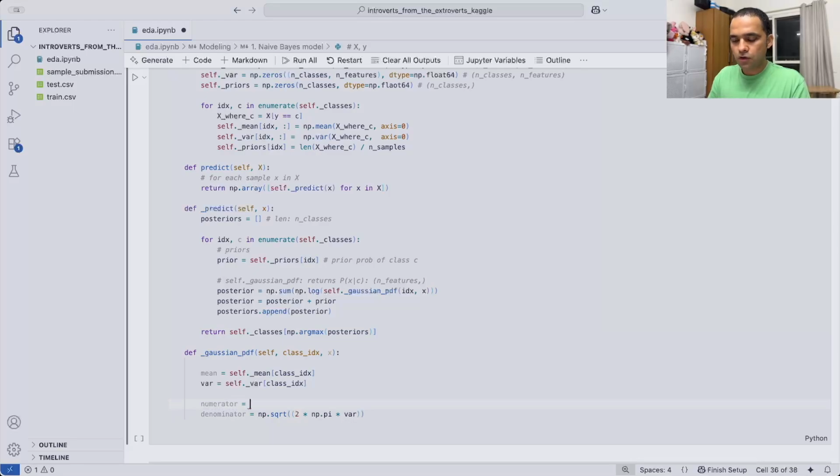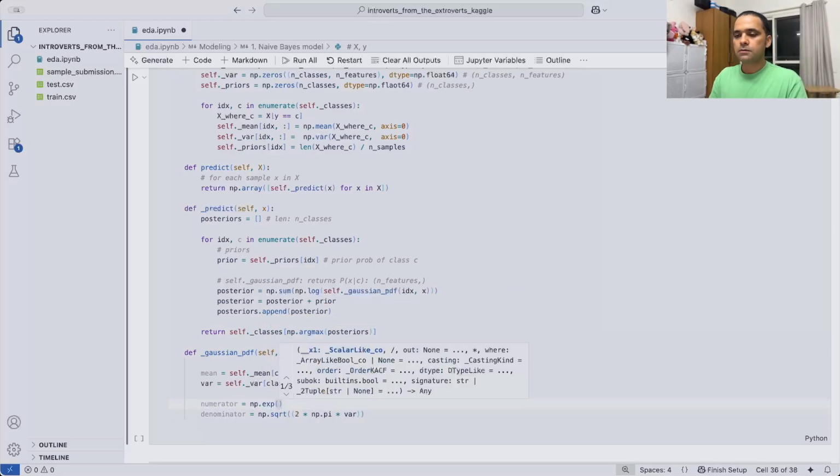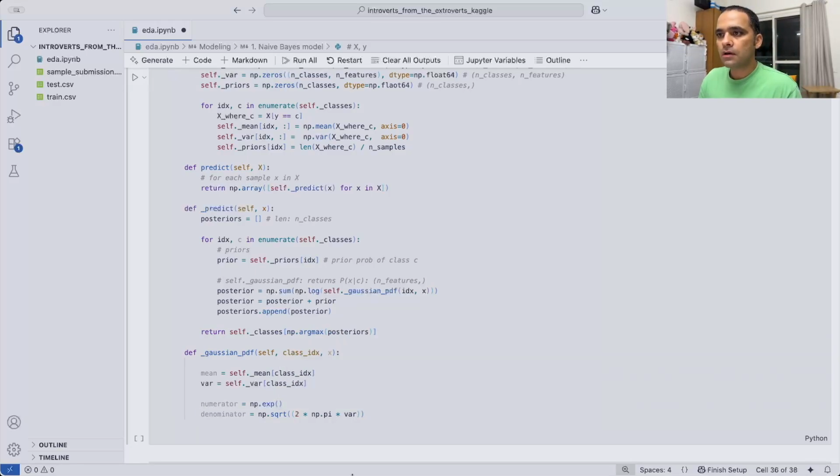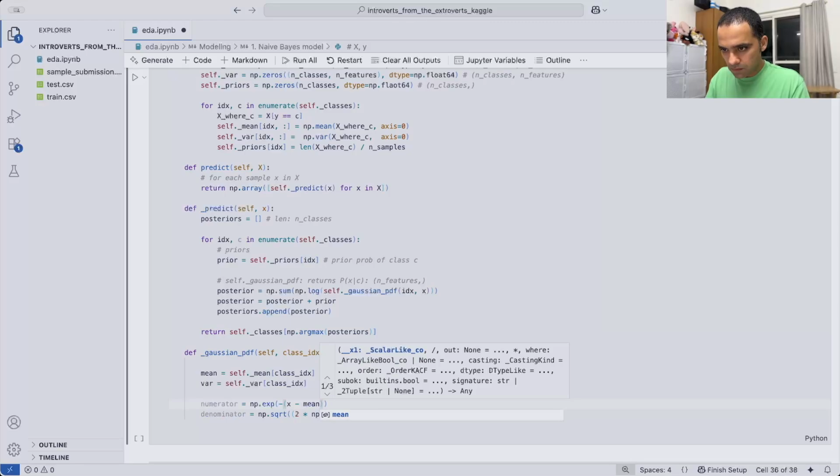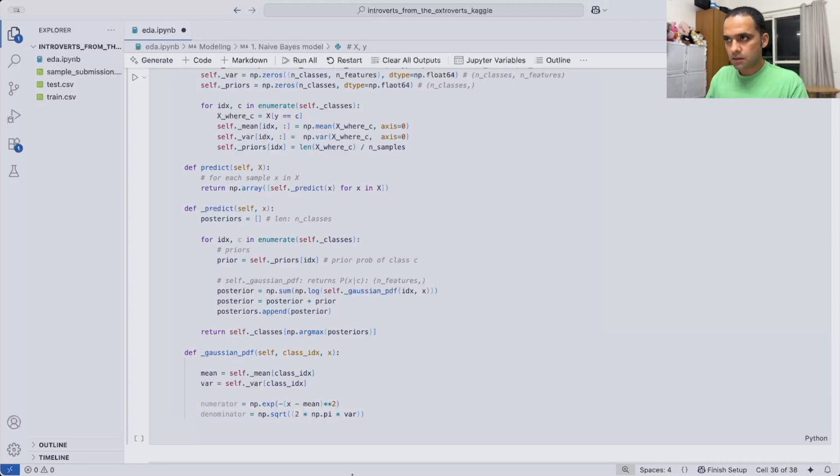This is the denominator. Numerator will be the exponential of minus x minus mean squared divided by 2 times variance. Sorry, I keep looking at the formula back and forth.